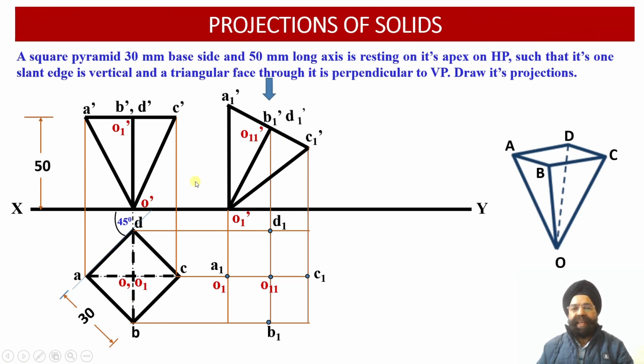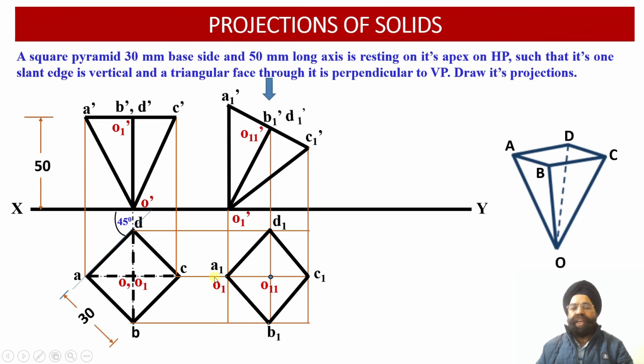And another thing, the top face A1, B1, C1, D1 is visible to the observer because it is lying at the top. So A1, B1, C1, D1 has to be drawn using object line. You can see this is the top face which is visible to the observer. Now the first slant edge, because it is perpendicular to the horizontal plane, appears as a point view in the top view projection.